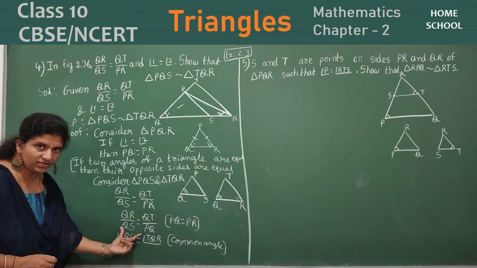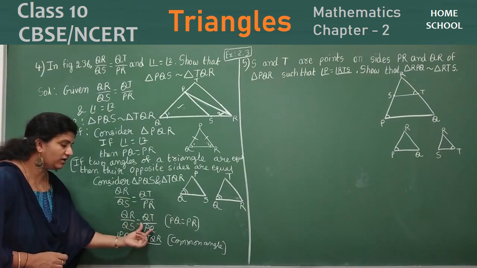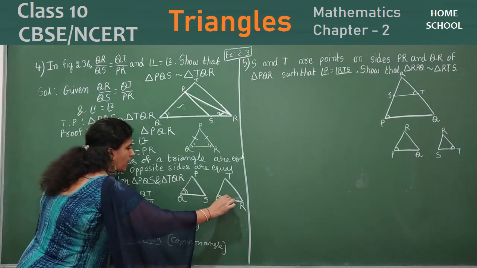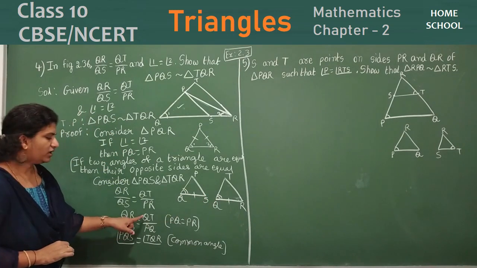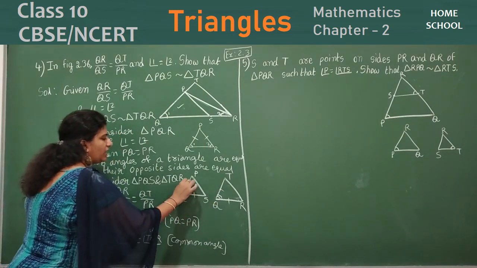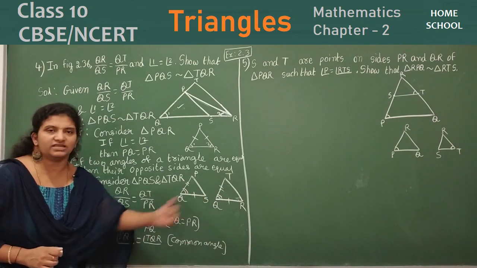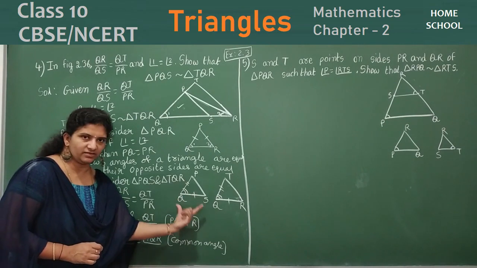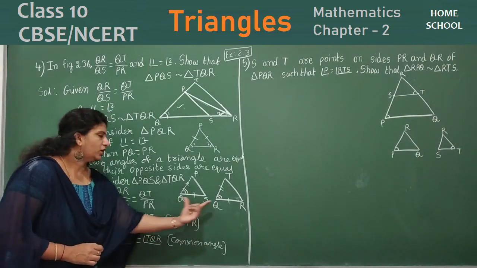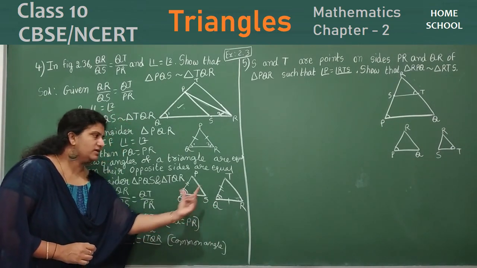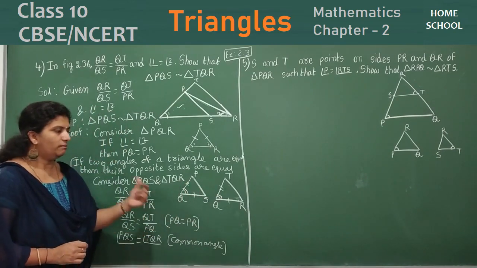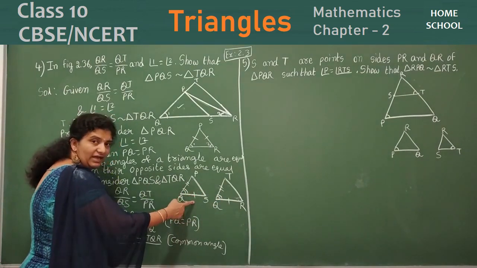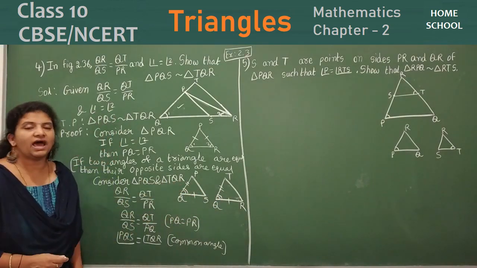Now observe here carefully, children. This ratio is equal to this ratio and these angles are equal. So let's equate here. QR by QS, QT by PQ. So these ratios and these ratios. Okay, they are not equal, they are in proportion. Right. Observe carefully here. QR by QS, QT by PQ means you can see that side angle side similarity criteria.